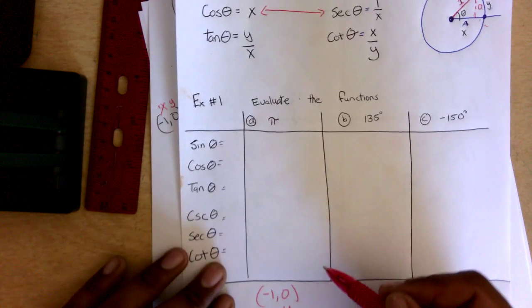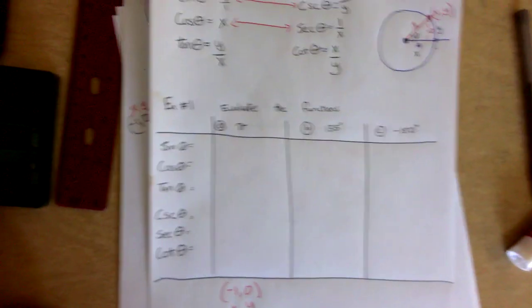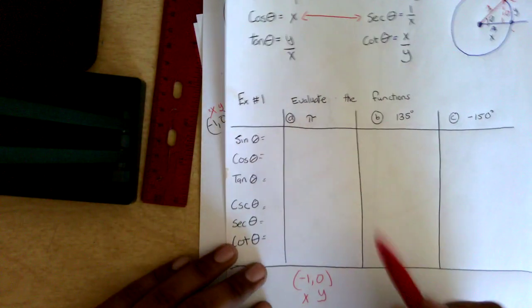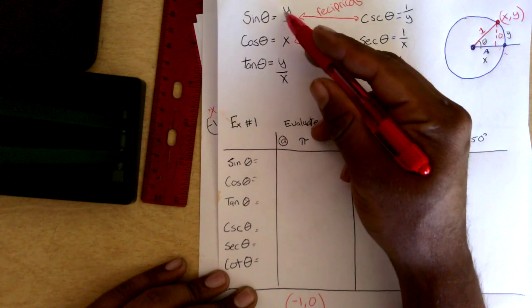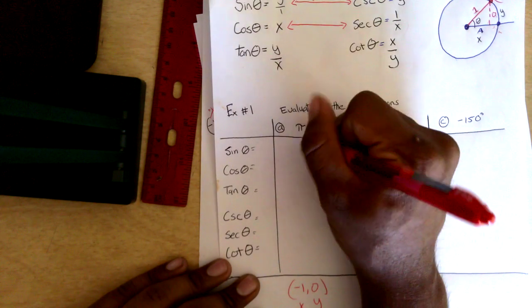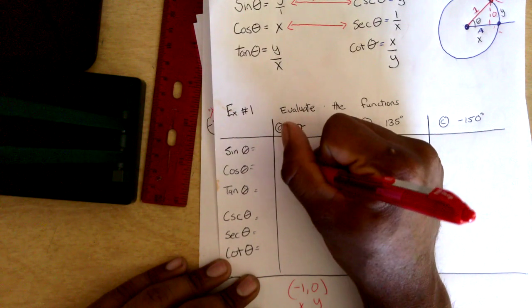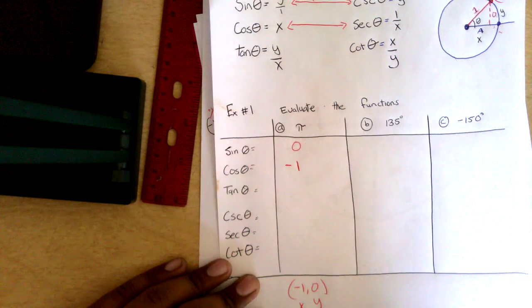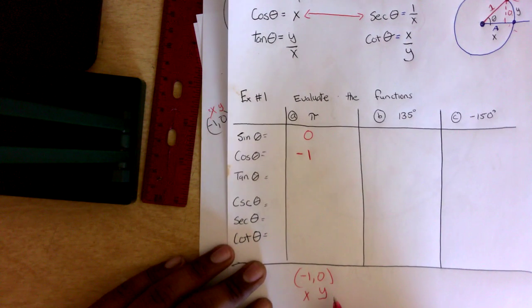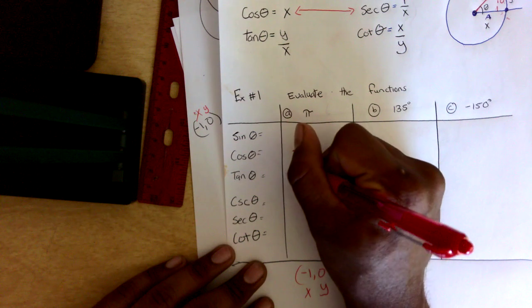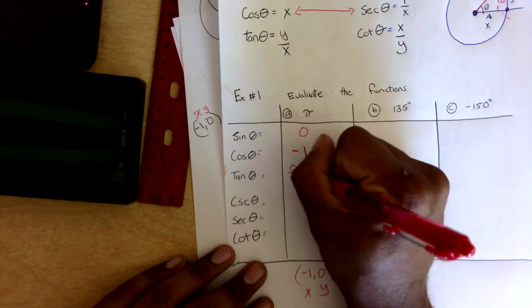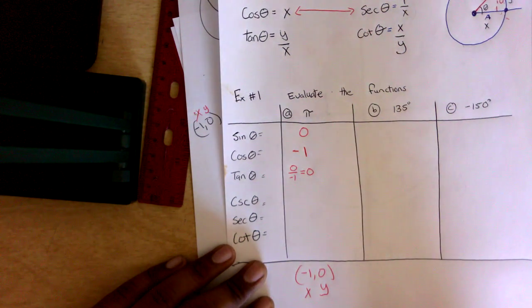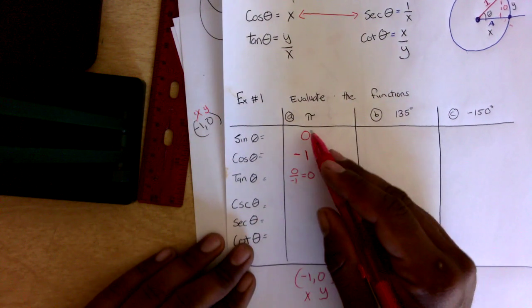All right, so as I go through this, I'm going to use my reference here. Say, all right, well, the sine at pi is the y coordinate. That's 0. So just go ahead and say sine is 0. Cosine's going to be -1. The tan is y over x, so that's going to be 0 over -1, which is just 0. The cosecant, now we're going to start flipping some stuff.